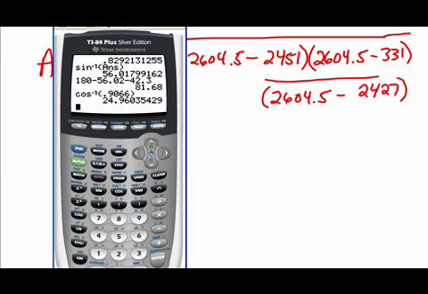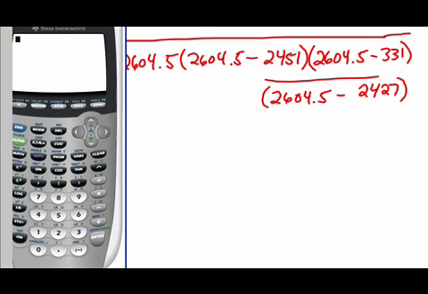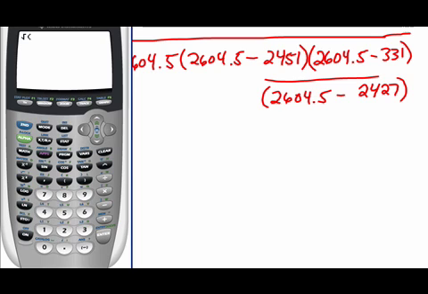So into our calculator, enter it all in at one time. Square root of, left parenthesis, 2604.5, left parenthesis, 2604.5 minus 2451, close, open, 2604.5 minus 331, close, open, 2604.5 minus 2427, close, close.